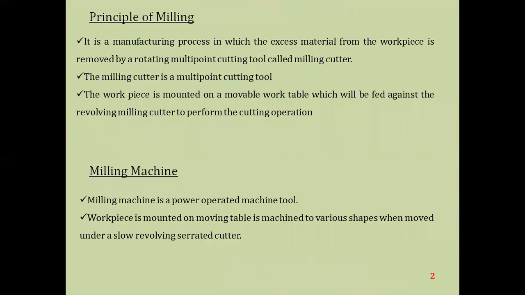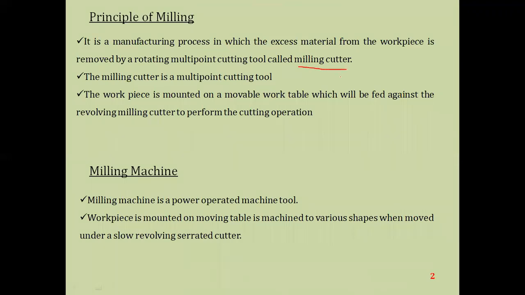So basically, what is the principle of milling? As I was telling you, it is a manufacturing process where we are removing the excess metal from the workpiece using a rotating multi-point cutting tool. That cutting tool is known as a milling cutter.